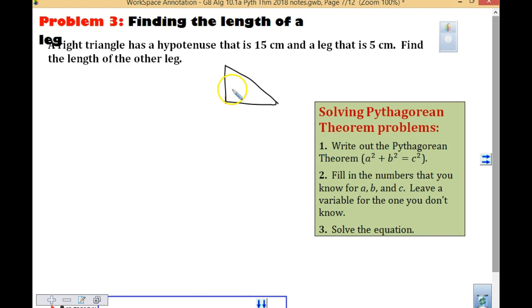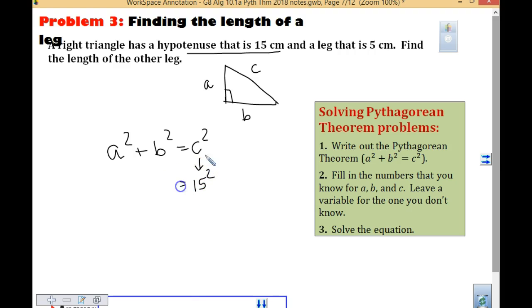When you're drawing that right triangle, you do want to put in your A, your B, and your C. So in this case, if we start with a squared plus b squared equals c squared, they told us the hypotenuse is 15. That is my C. 15 squared equals, they say a leg is 5. Does it matter which leg we call 5, A or B? It doesn't matter. So if you want to go with a squared plus 5 squared, you could.